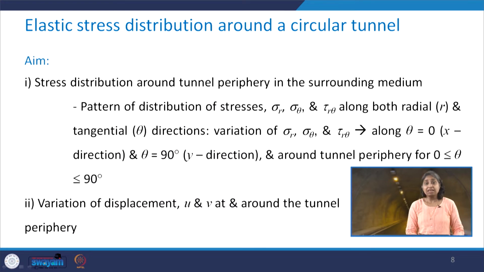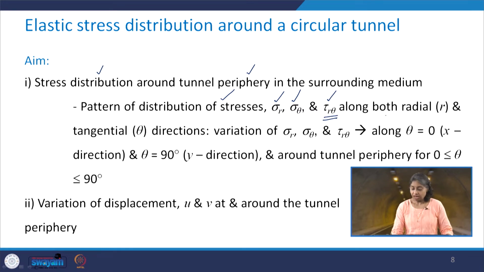Then the aim of this analysis is the determination of the stress distribution around the tunnel periphery in the surrounding medium. What we are going to get is the pattern of distribution of stresses, that is radial stresses, tangential stresses, and the shear one, tau r theta, along both the radial r and tangential directions.